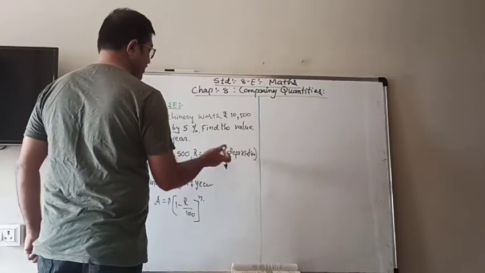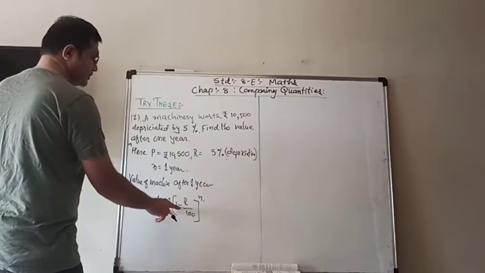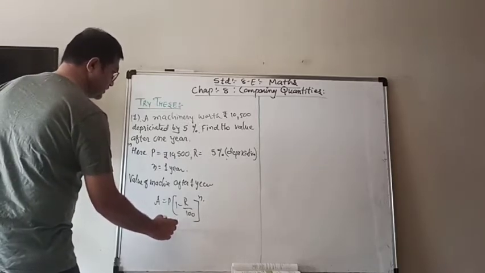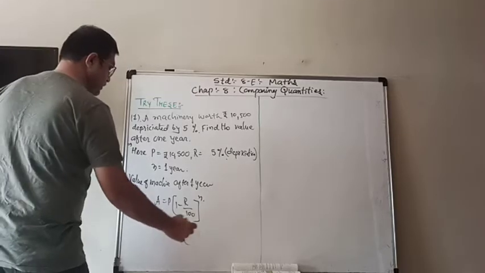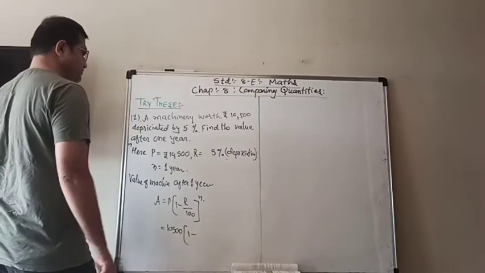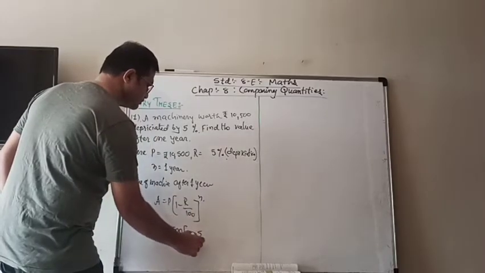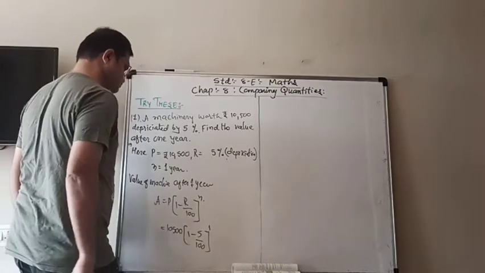Or you can write 5% also, not a problem. So here if you write directly minus, A is equal to 10,500 into bracket 1 minus 5 upon 100 raised to n, means 1.